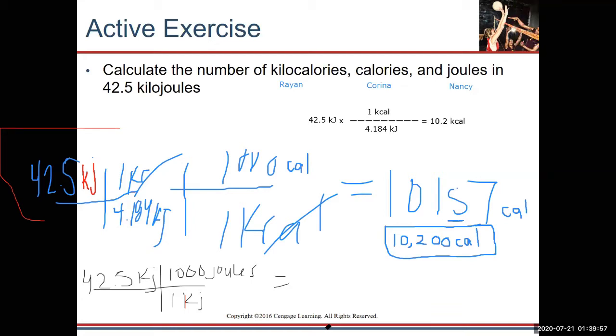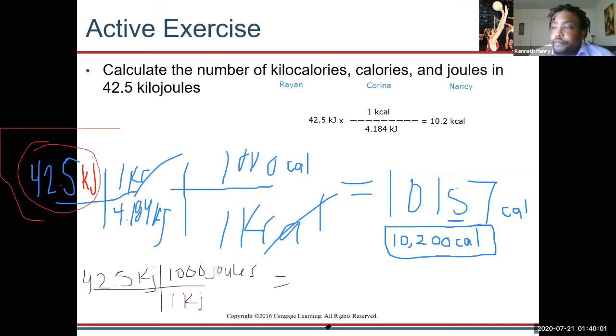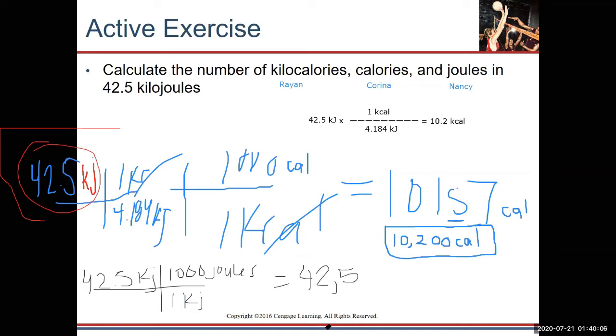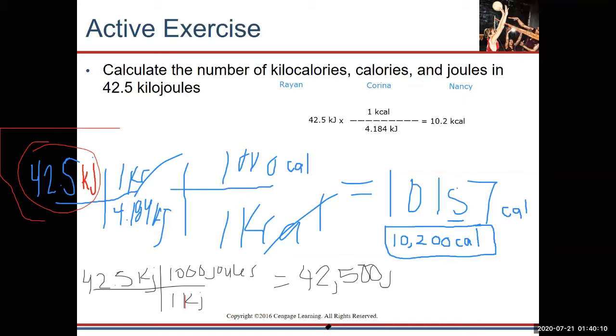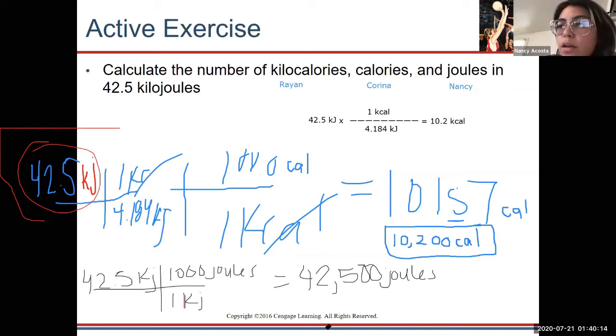So let's say this is what I'm given, right? And what is that? That's 1 calorie is equal to... No, that's 1 kilojoule. Oh, that's KJ. Never mind.